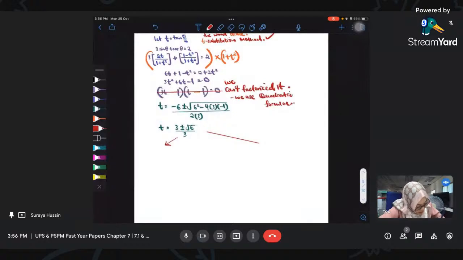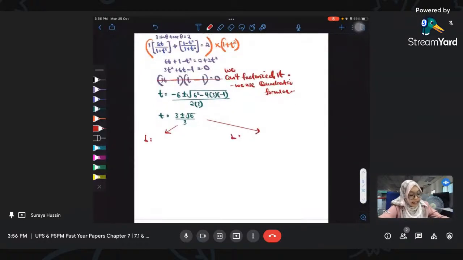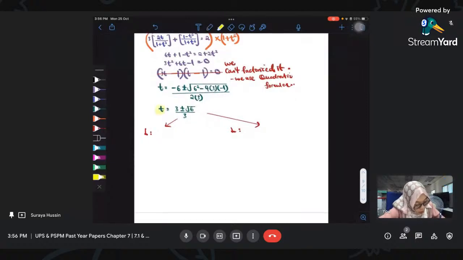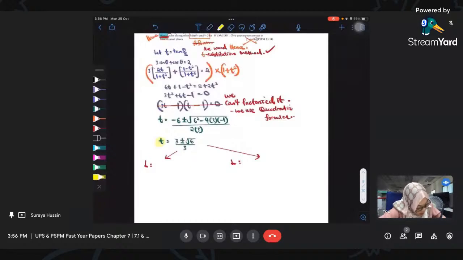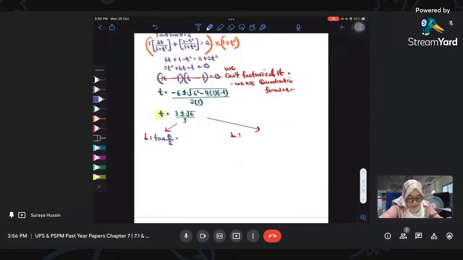Okay, larka. So this is your first L, linear, which is tukarkan balik your t into tangent theta over 2. So tangent theta over 2 is equals to 3 plus square root 6 over 3.